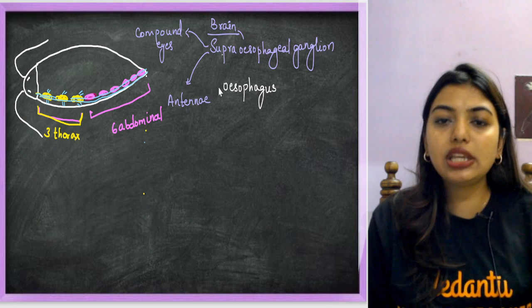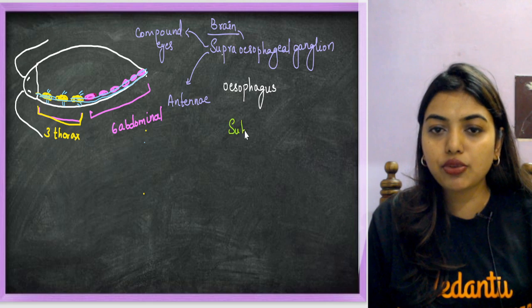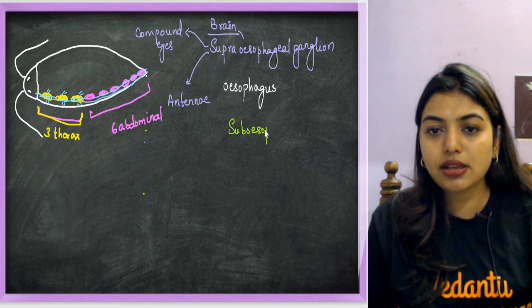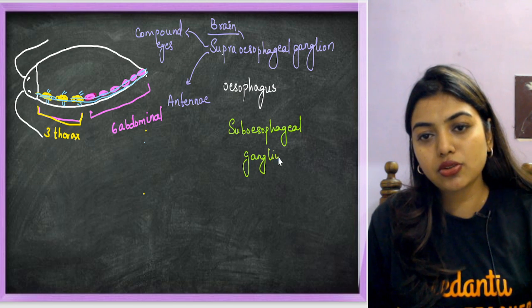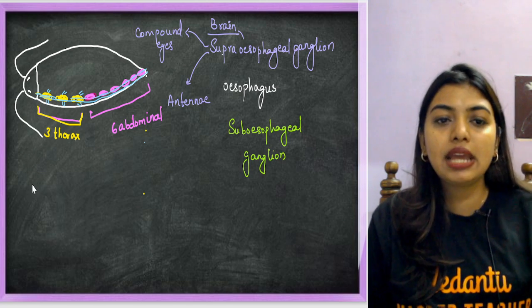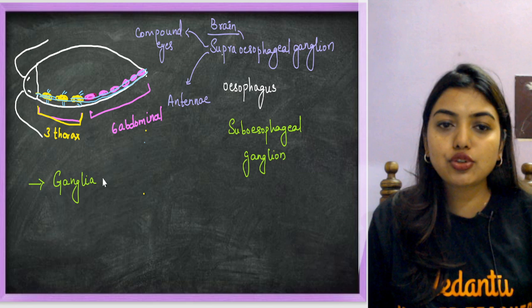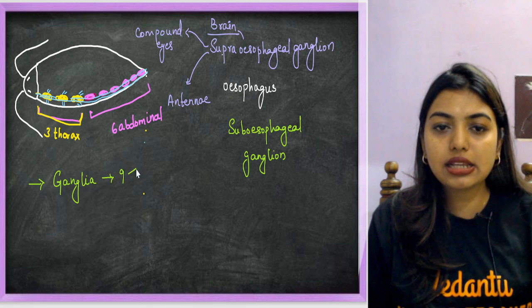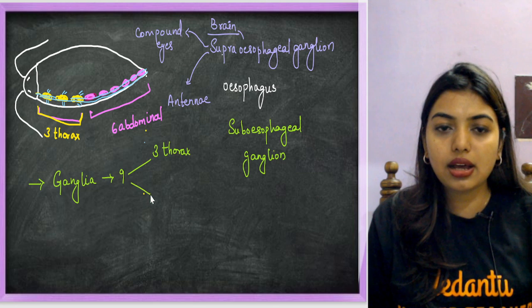Below the esophagus, whatever is going to come, what will I call it? Subesophageal. Subesophageal ganglion. Yes or no? So the nervous system is made up of ganglia, and they have a total of 9 ganglia, out of which 3 are in the thorax and 6 are in the abdomen.